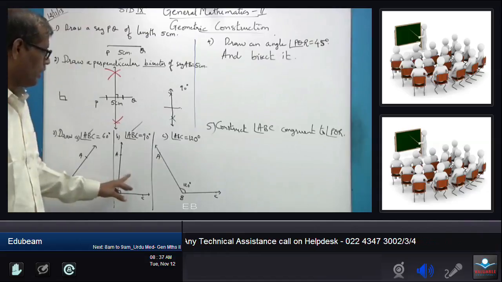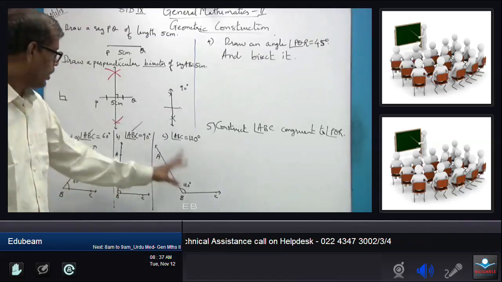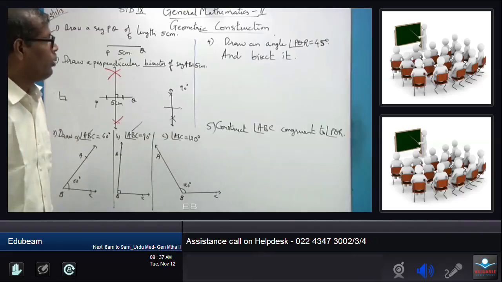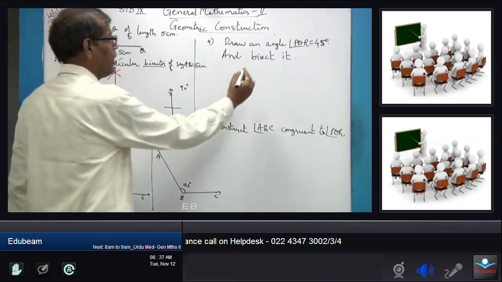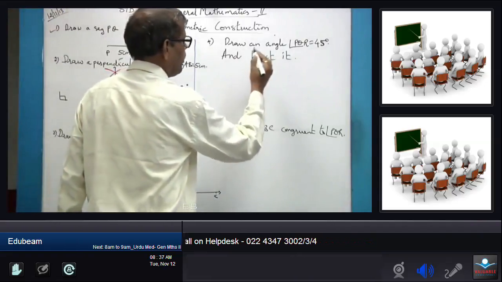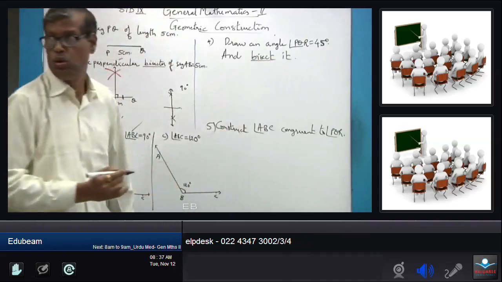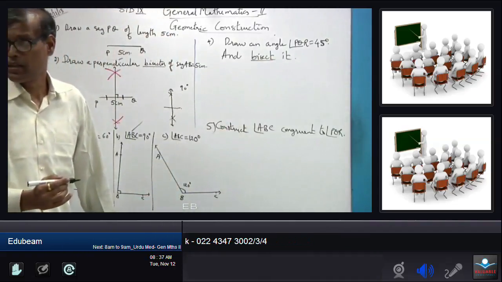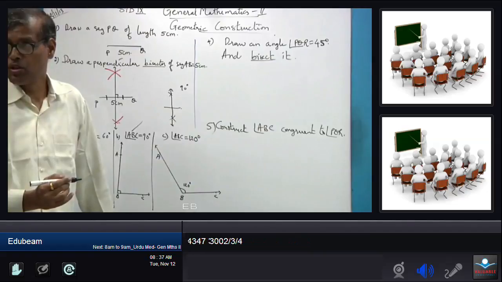Bisector means divided into two equal parts. That means this will be 22 and a half, and this will be 22 and a half. Both will be 22 and a half parts.